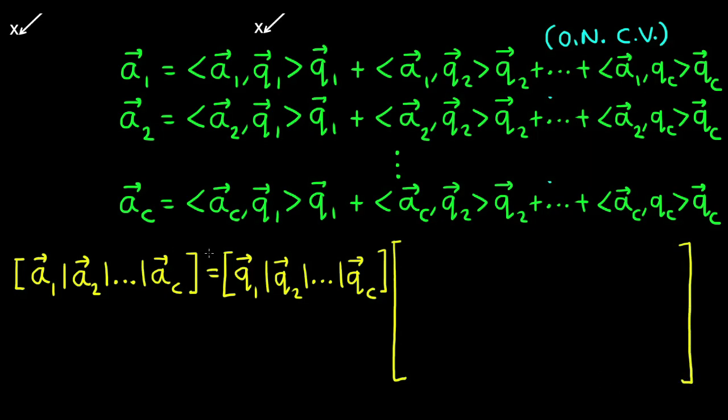So A1 is equal to Q1 by the inner product between A1 and Q1, plus Q2 by the inner product between A1 and Q2, and so on up to QC by the inner product between A1 and QC.